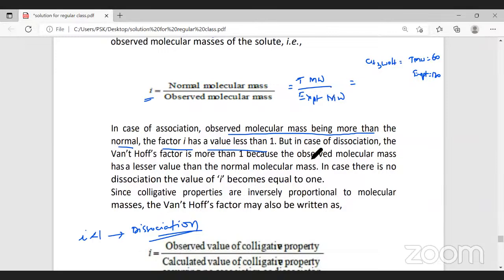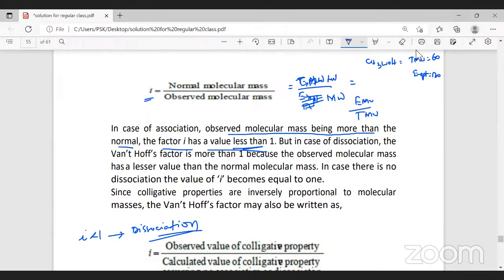In case of association, it should be like this: experimental molecular mass by theoretical molecular mass, because it says greater than 1. No, Van 't Hoff factor is less than 1.